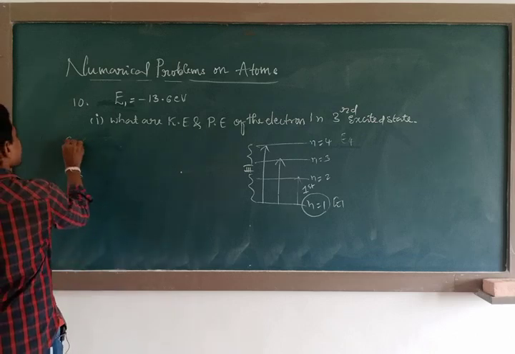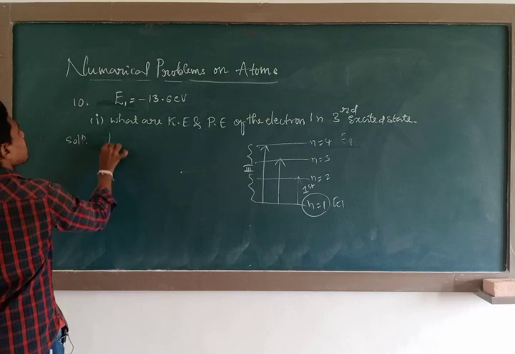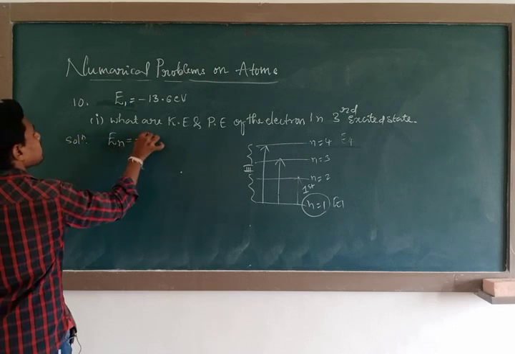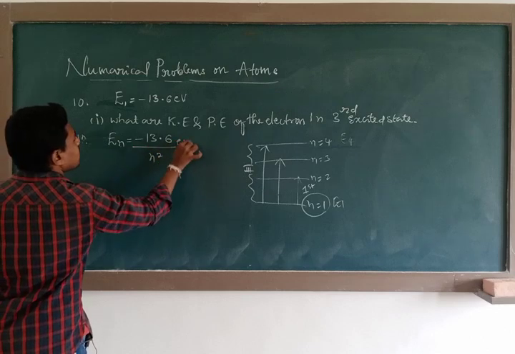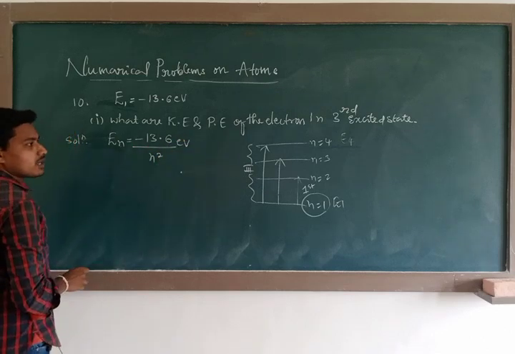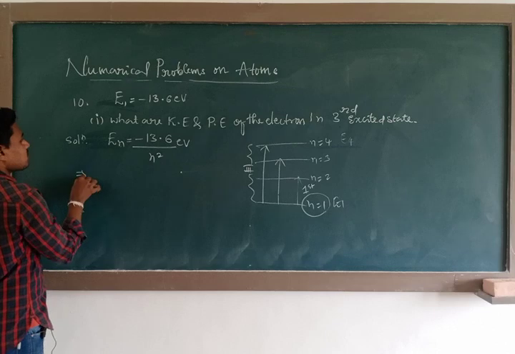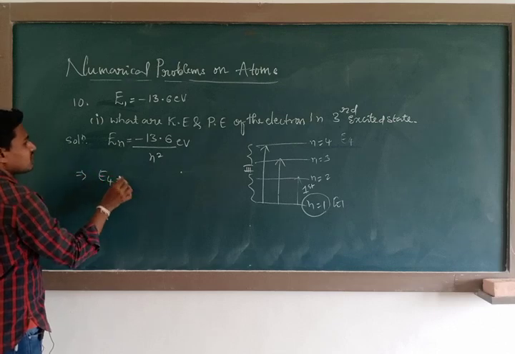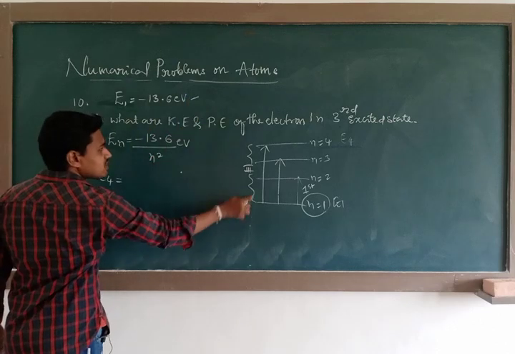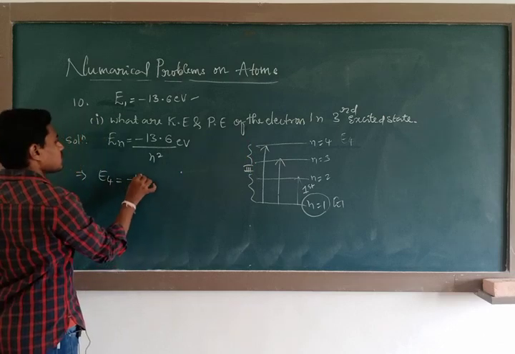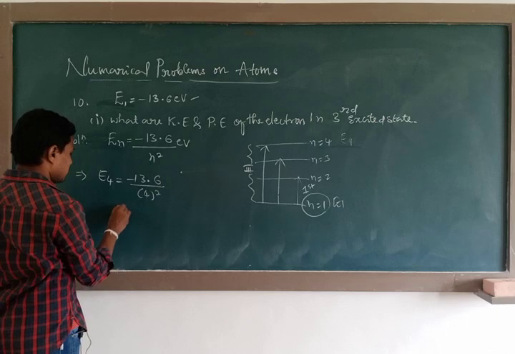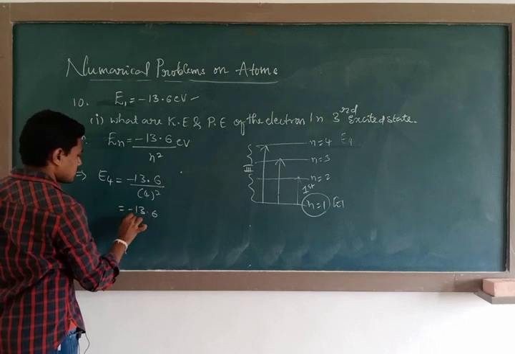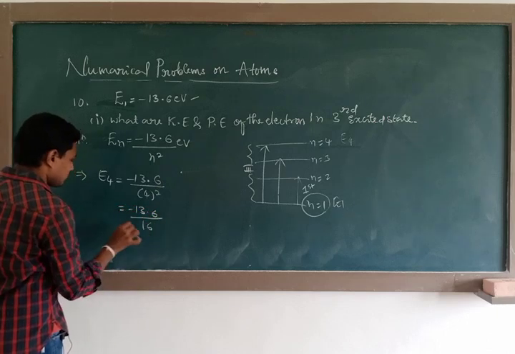So, solution. The energy of the electron in the nth orbit of hydrogen atom is minus 13.6 electron volt divided by n square. This implies for E4, minus 13.6 divided by 4 square, minus 13.6 by 16.